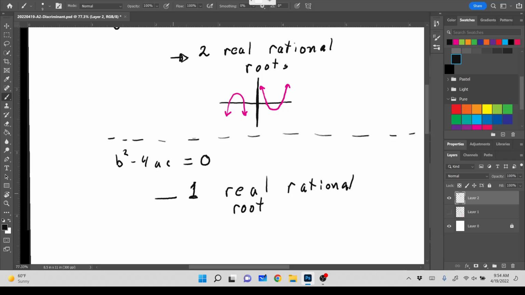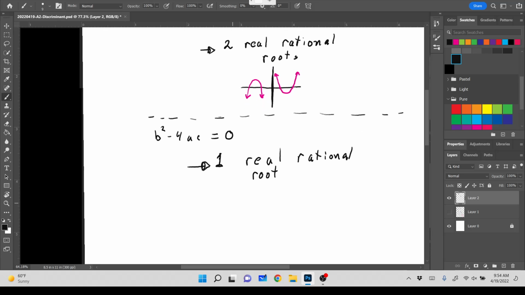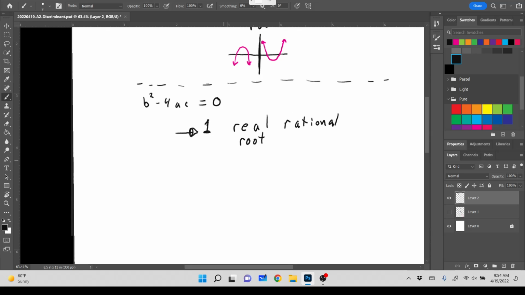Right? So what does that mean graphically? That the vertex is lying on the x-axis. So something like this one, or something like this one, where it just kisses the x-axis. The vertex is literally on the x-axis.